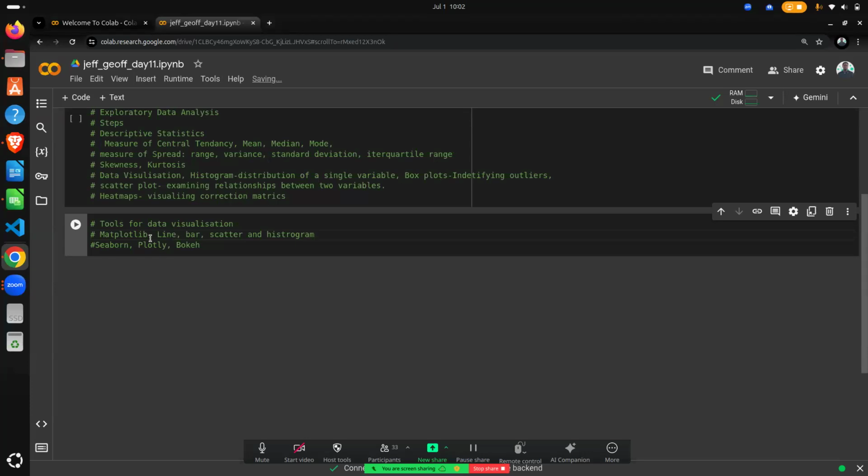Are we together? When you write that code, import matplotlib as plt, you're only going to have those kinds of graphs.